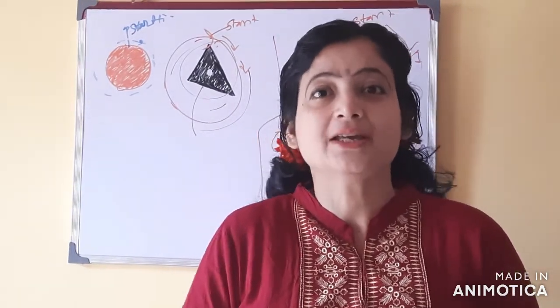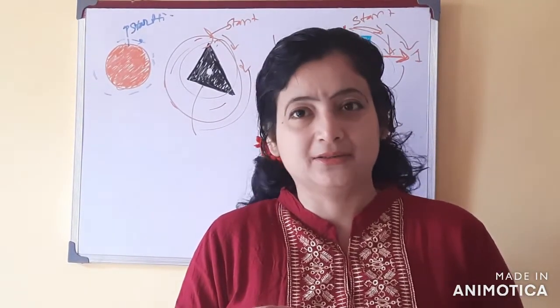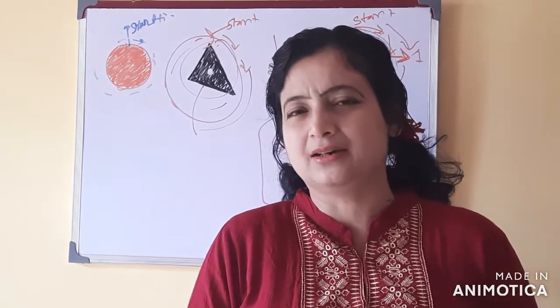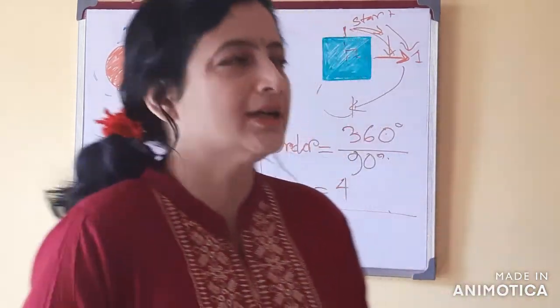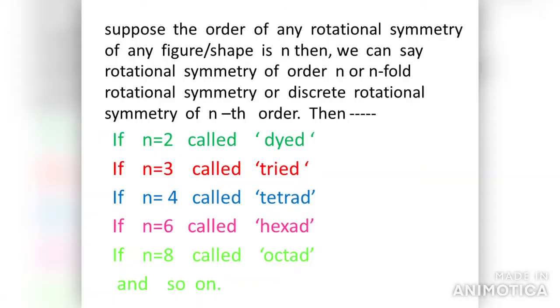And that's why, according to the number of rotational symmetries, there are some names we also use. Suppose the order of rotational symmetry of any figure or shape is n. Then we can say rotational symmetry of order n, or n-fold rotational symmetry, or discrete rotational symmetry of nth order.